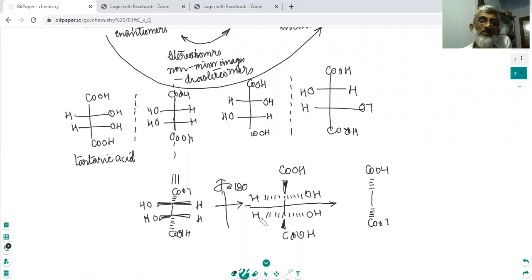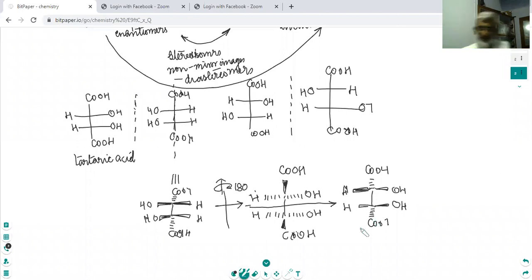Now this group will come here. This hydrogen will come to the top. And that will be different. Back carbon will come to the front. H, OH, and H, OH.